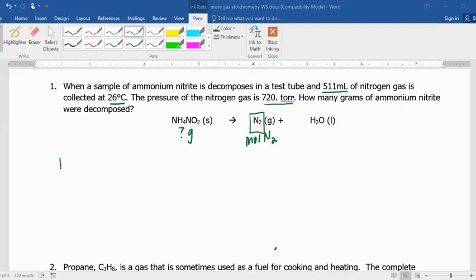So for our pressure, remember pressure for PV = nRT must always be in atmospheres because of our value for R. So we need to take our 720 torr and convert to atmospheres. And if you remember, 1 atmosphere is 760 torr. So my torrs cancel.